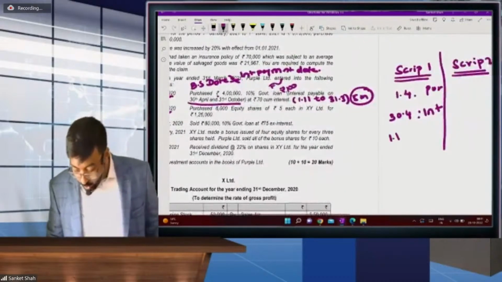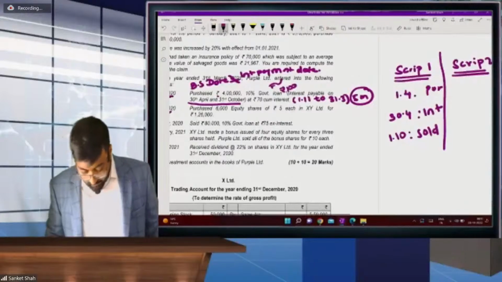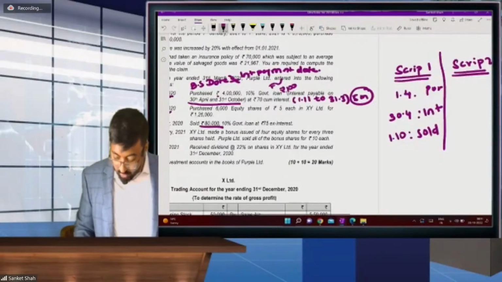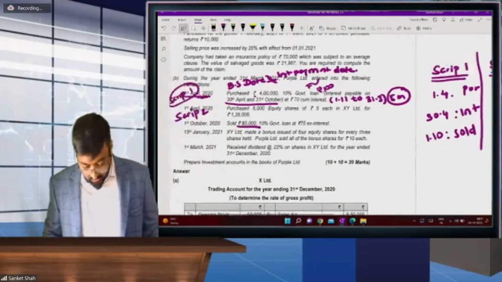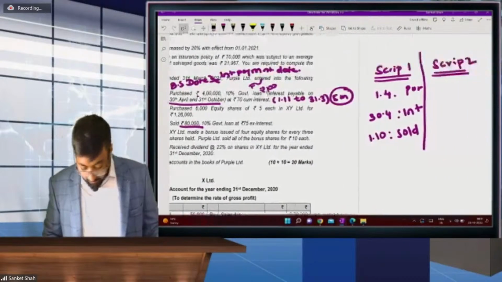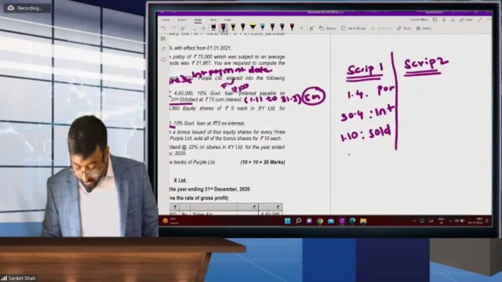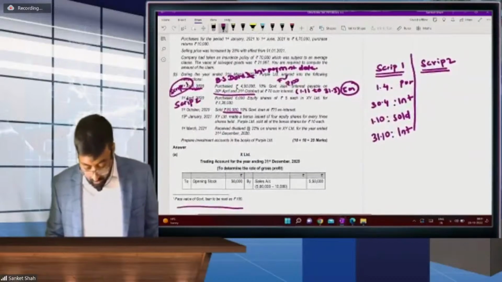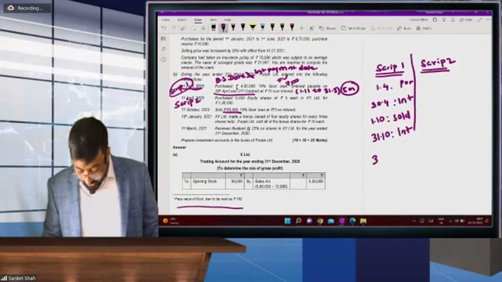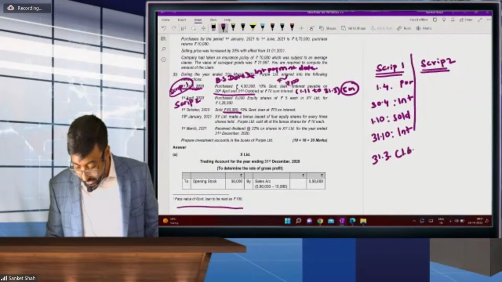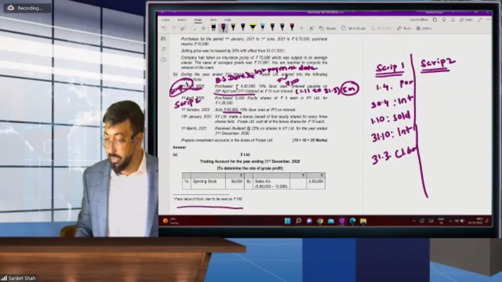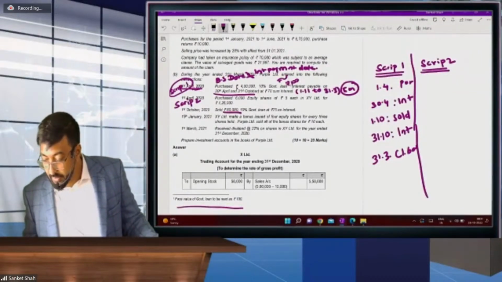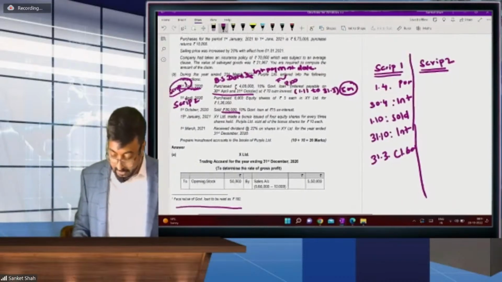Then 1st October, sold 80,000 debentures. After selling, you have to calculate profit. Then 31st October, again interest received, and then 31st March closing balance. So there are 5 entries in script 1.